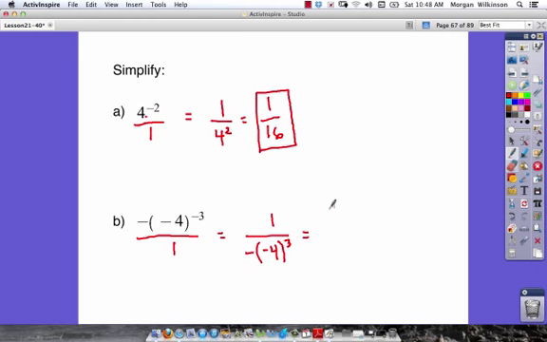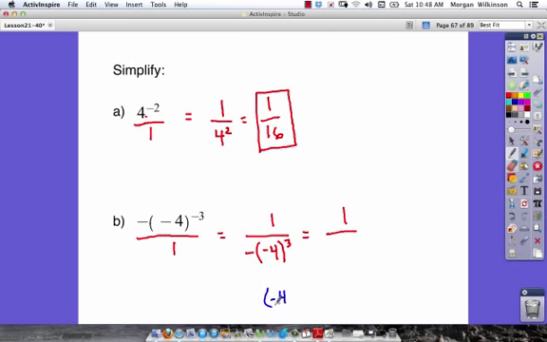Now what we have is 1 over negative 4 to the third. That's like saying negative 4 times negative 4 times negative 4. Negative 4 times negative 4 is 16, and 16 times negative 4 is going to give us negative 64.